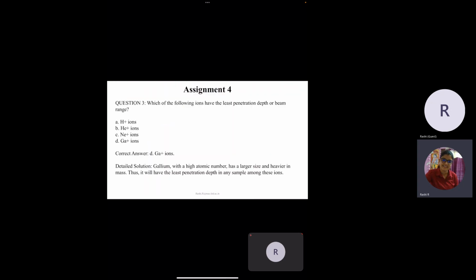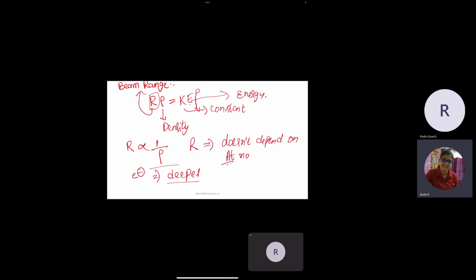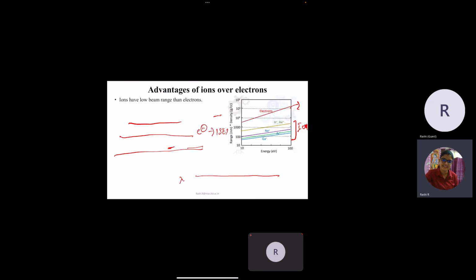Which of the following ions have least penetration depth or beam range? See, you can see the range here, range to density, gallium has the lowest range because gallium is heavier.